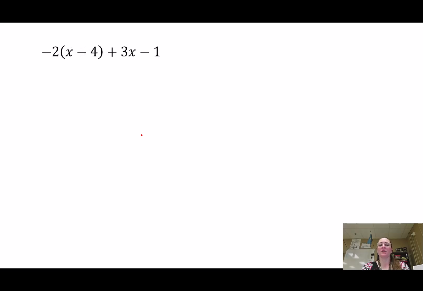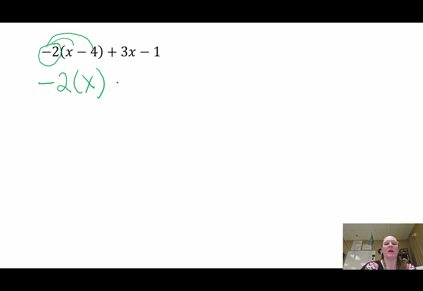All right, we'll look at this one. All right, what am I going to be distributing here? A -2. So -2 times x and -2 times 4. I'm going to show you a slightly different way to deal with that negative in the middle. -2 times x.